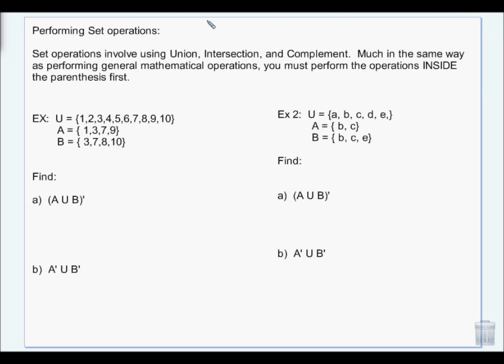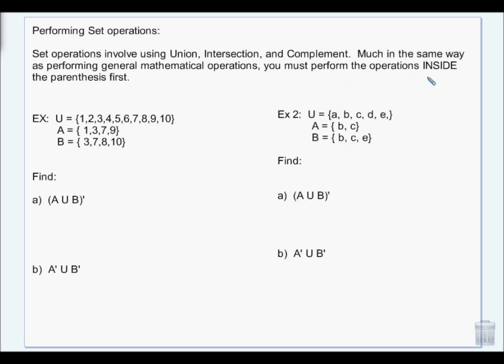Set operations. When you perform operations on sets, basically you're performing unions, intersections, and complements. That's really the only thing that you can do to sets. You kind of use the same general order of operations as you would with normal addition, subtraction, multiplication, and division.